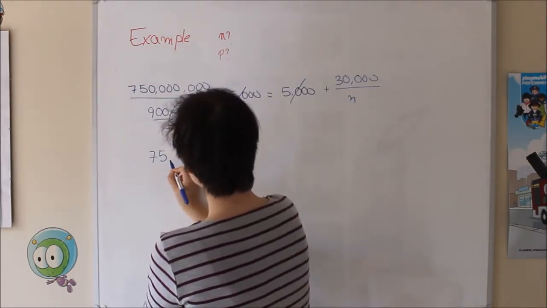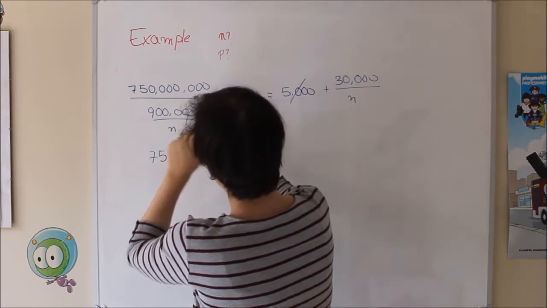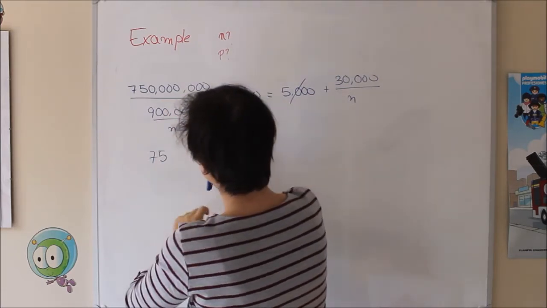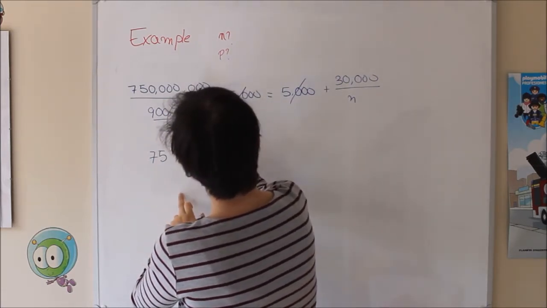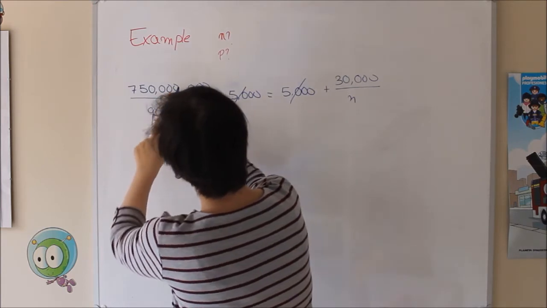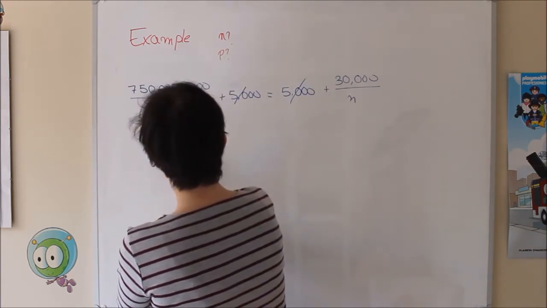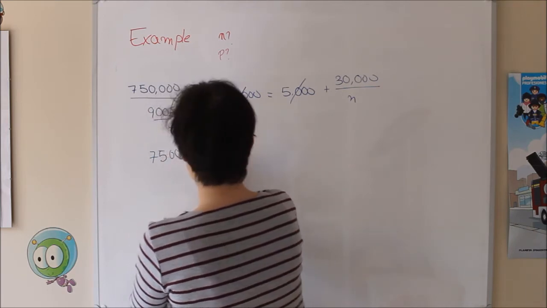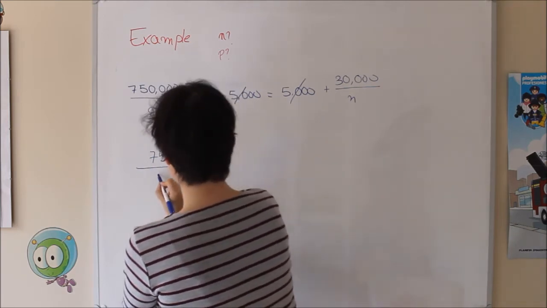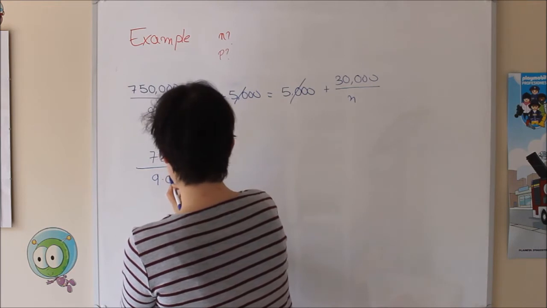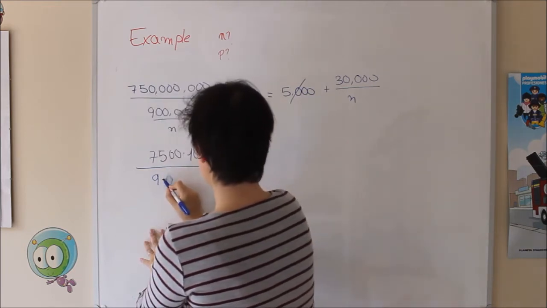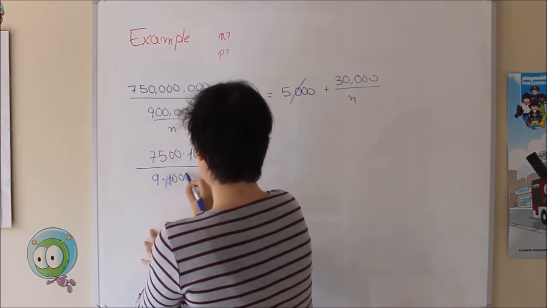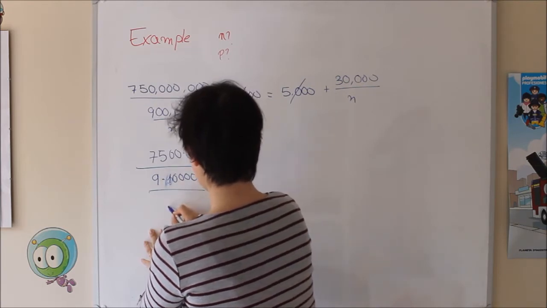So you can put this, let me see, 1, 2, 3, 4, 5 zeros. I'm going to keep 2. This is like 1, 2, 3, 4, 5 over 9 times 1, 2, 3, 4, 5 over n.